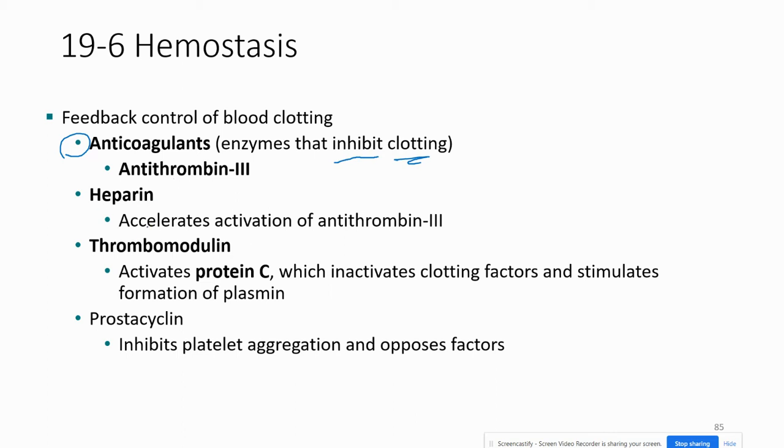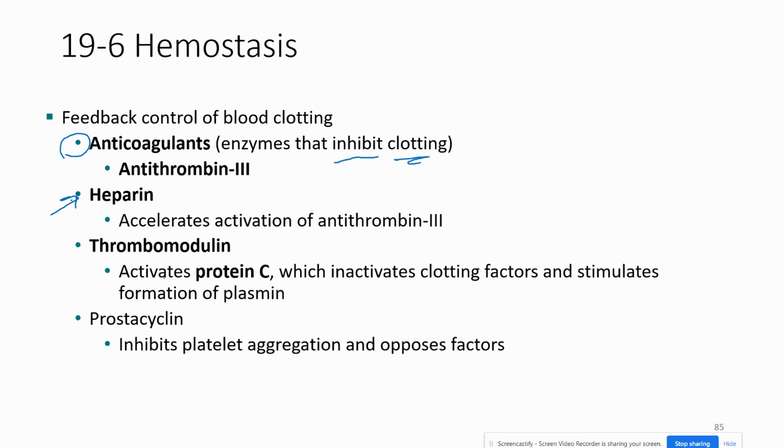All right, so heparin speeds up antithrombin 3. Heparin prevents the clotting. We use this in our heparinized tubes when we take blood samples. This accelerates activation of antithrombin, which inhibits clotting.